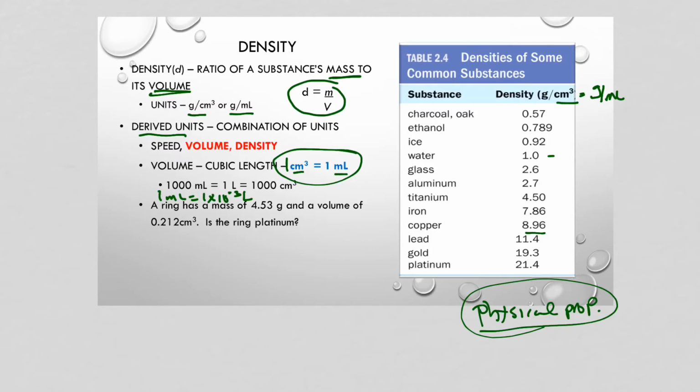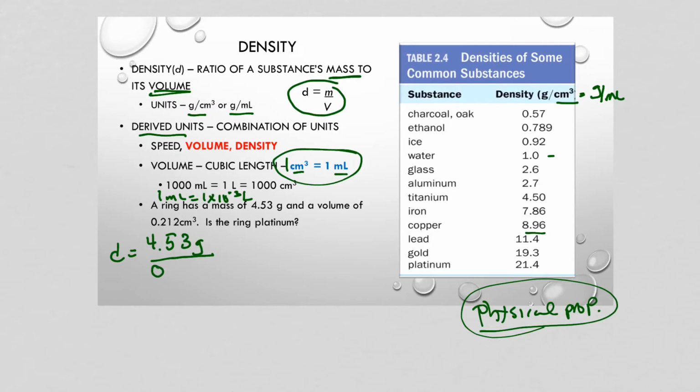So for example, if I have a ring that has a mass of 4.53 grams and a volume of 0.212 cubic centimeters, I want to say, is that ring really platinum, as somebody might be claiming? Well, the easy way to do that is to calculate the density. So I'm simply going to take 4.53 grams, and so my density, right, is going to equal my mass divided by my volume.